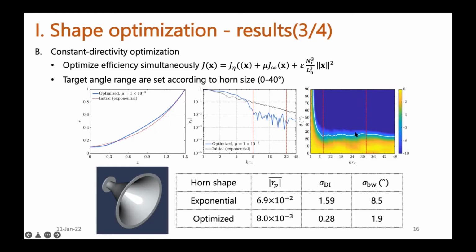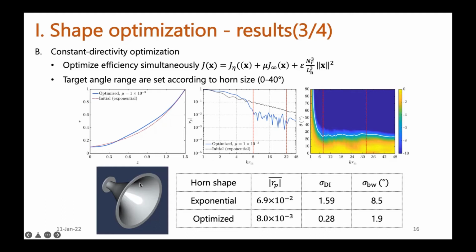directivity pattern. And the red lines show the frequency band we want to optimize. And we can see the reflection coefficient spectrum and the directivity pattern have been optimized simultaneously compared to the initial exponential horn.